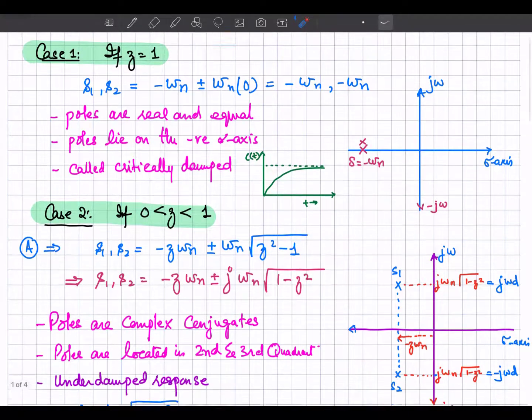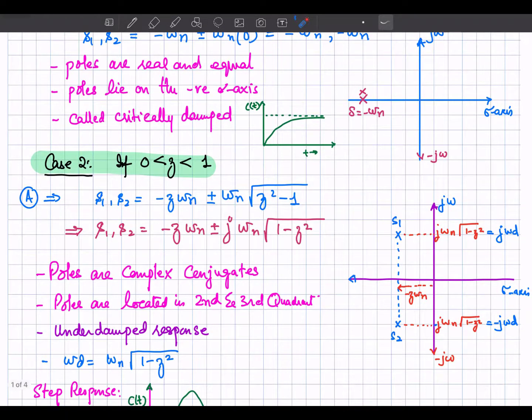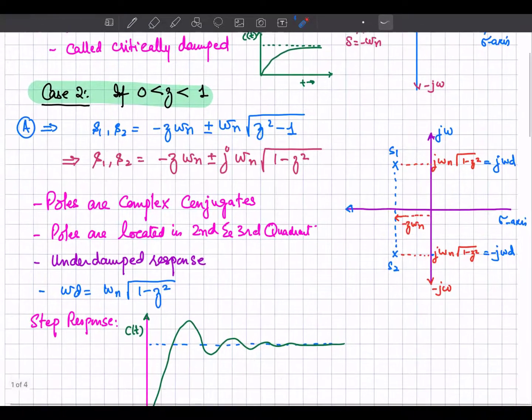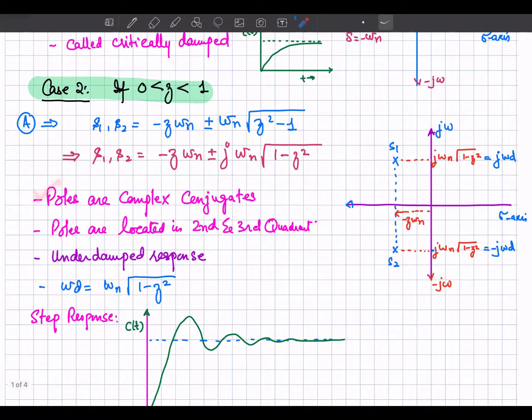Now if I look at this, there is the real part and there is the imaginary part. So our poles are complex conjugates, one with the positive sign, the other with the negative sign. As the real part is negative, the poles will be in the second quadrant and in the third quadrant.